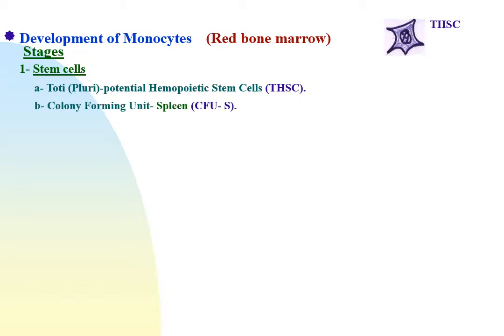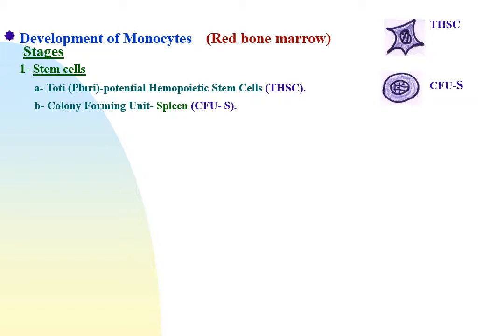Colony-forming unit spleen. These are restricted stem cells for erythrocytes, granulocytes, monocytes, and megakaryocytes. They are large, rounded cells with basophilic cytoplasm and large pale nuclei having prominent nucleoli.